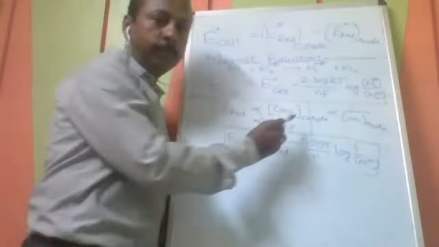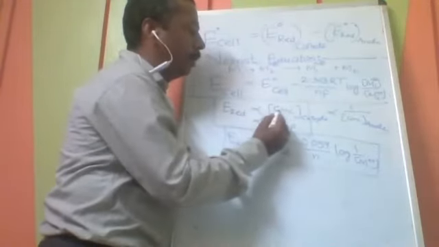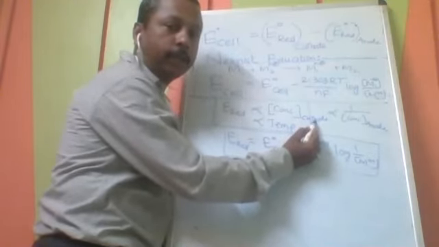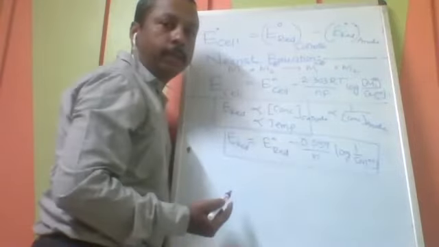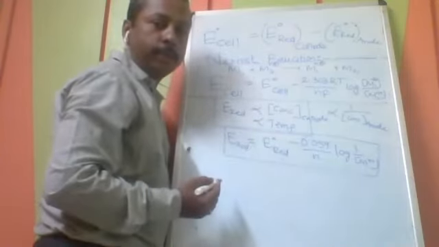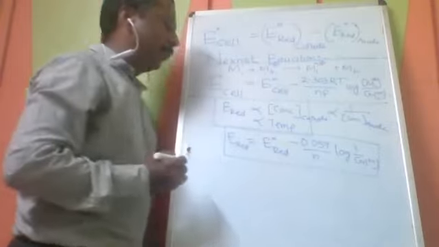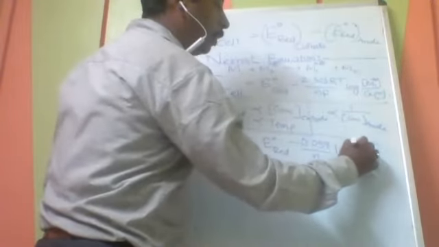For those who are unable to see, I am repeating: E reduction potential is directly proportional to the concentration of electrolyte in the cathode, inversely proportional to the concentration of electrolyte in the anode, and directly proportional to temperature. Is it understood? Now the same formula applies here also, only M2 n positive here and M1 n positive here.